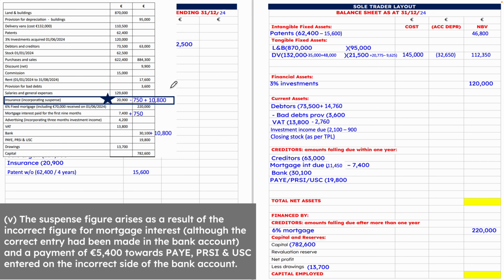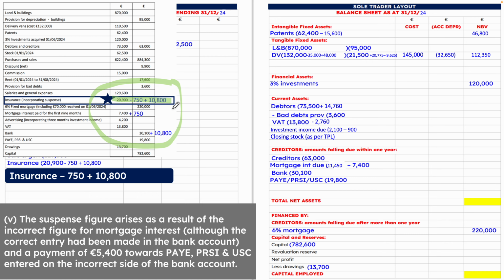Okay, so I've got the trial balance just here for us to see, so you can see here what's happening to the insurance. We're going to minus 750 and add 10,800. The mortgage interest paid for the first 9 months, you can see there was 7,400.